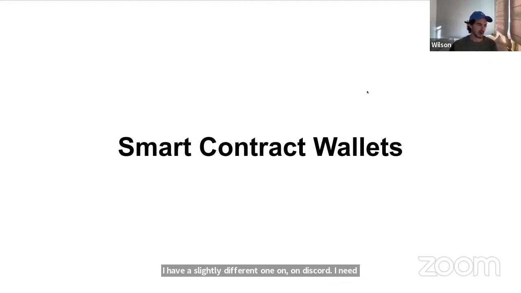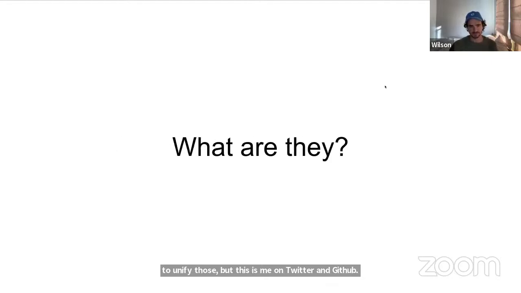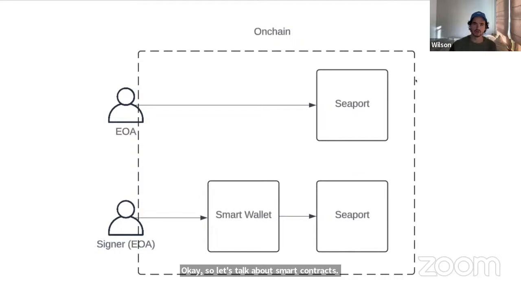Okay, so let's talk about smart contract wallets. What are they? You can think of a normal wallet, an EOA wallet, externally owned address, as an address. It's a public-private key pair that can make transactions directly. And this is just an example contract, OpenSea's contract Seaport.